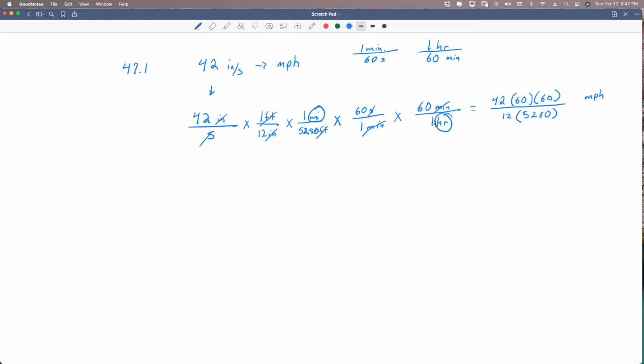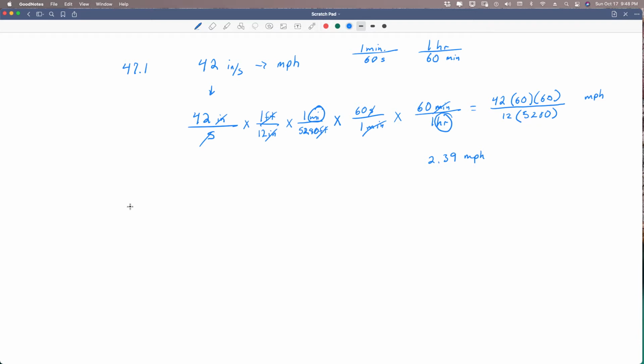And then this is 1 and 1, so we don't do anything with that. So this would be your answer. Now, if you wanted to go ahead and do all of the math, 42 times 60 times 60 divided by 12 times 5,280, you would end up with 2.39 miles per hour as your rate. And typically we're going to round it to 2 decimal places.